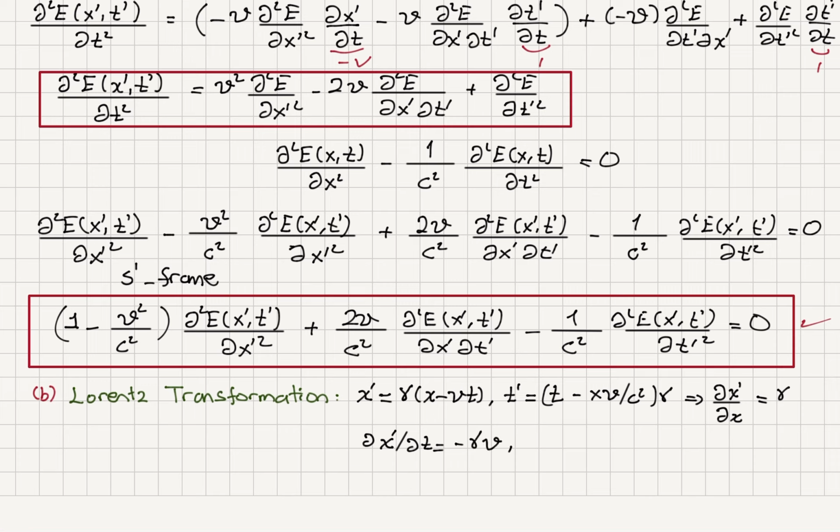For del t prime del x, we obtain minus gamma v over c squared. And for del t prime del t, we obtain gamma again, the relativistic correction factor.